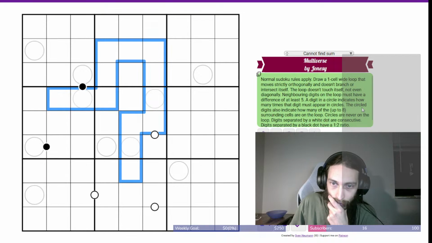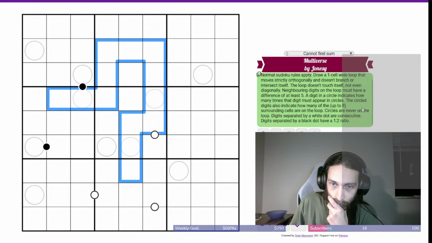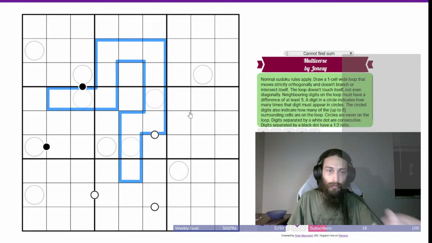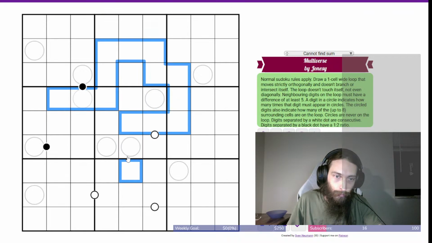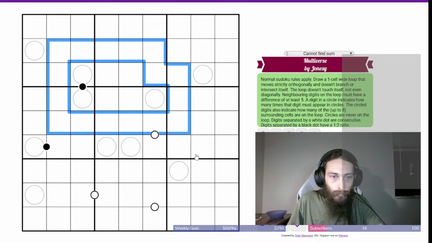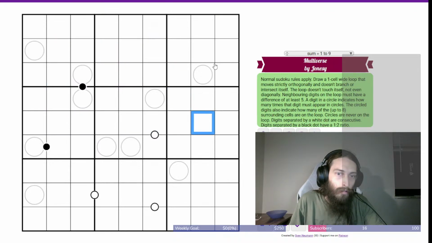Alright. I think that's most of the rules. We just gotta make sure the loop doesn't go through the circles. And then the circles also tell us how many neighboring digits are on the loop.